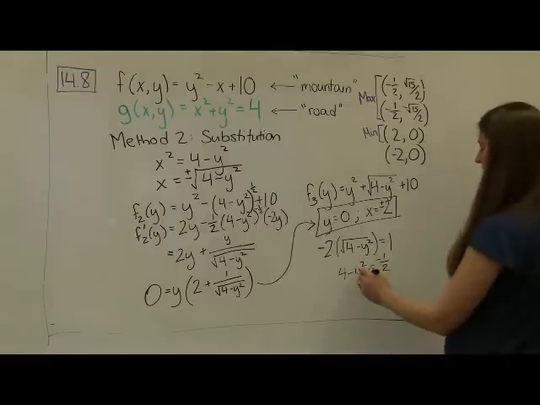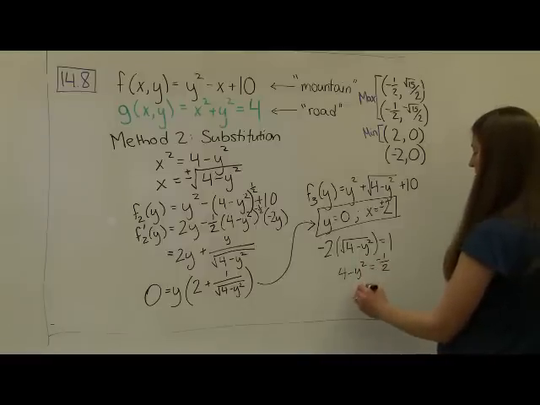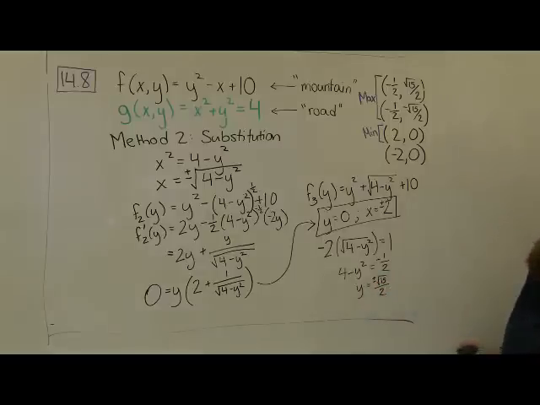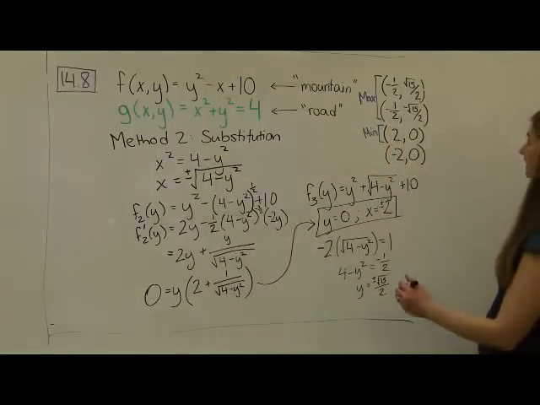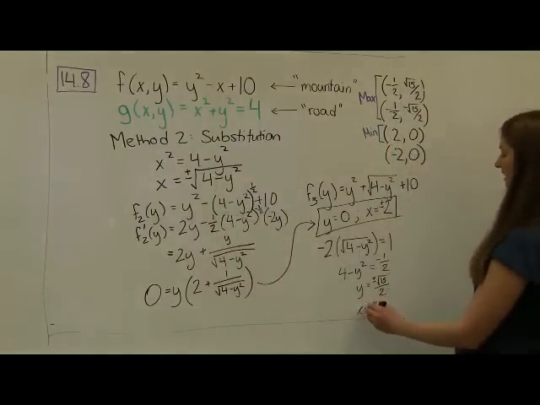And solving for y, this will give me y being equal to plus or minus square root 15 over 2. Plugging in square root 15 over 2 back into our original equation, we get our x coordinates that we wanted, and that means that our x value in that case would be equal to negative 1/2.